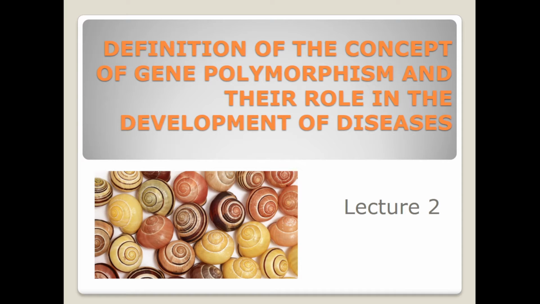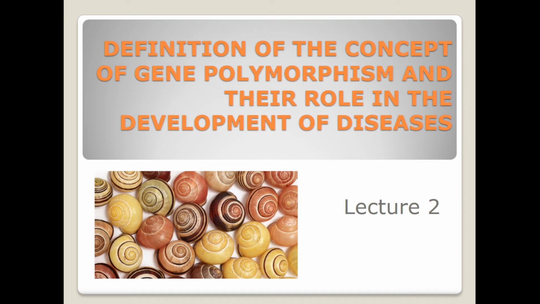Okay, we are starting our second lecture. The lecture is about the definition of the concept of gene polymorphism and its role in the development of disease. This is the topic of the second module in our course. In the first module, we spoke about protein polymorphism and how it developed, and now we go to the gene level.